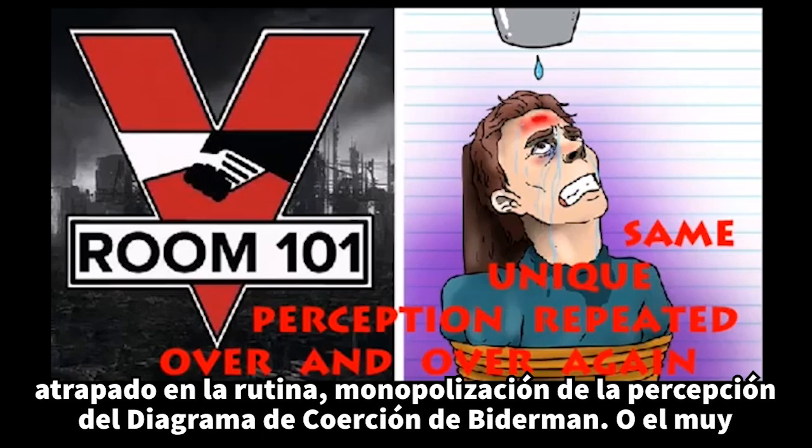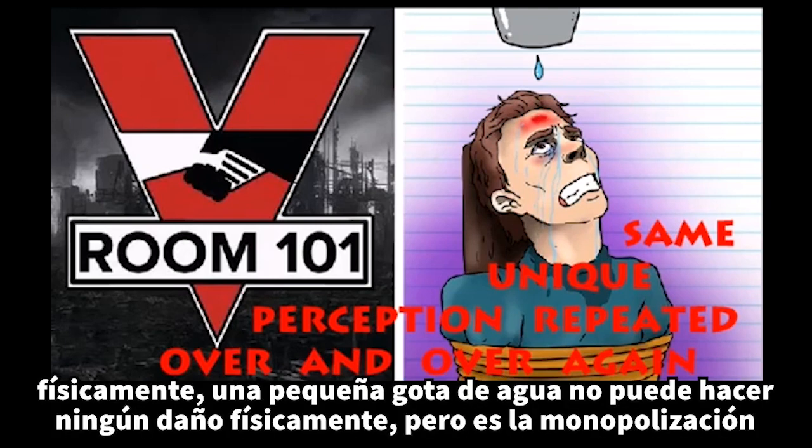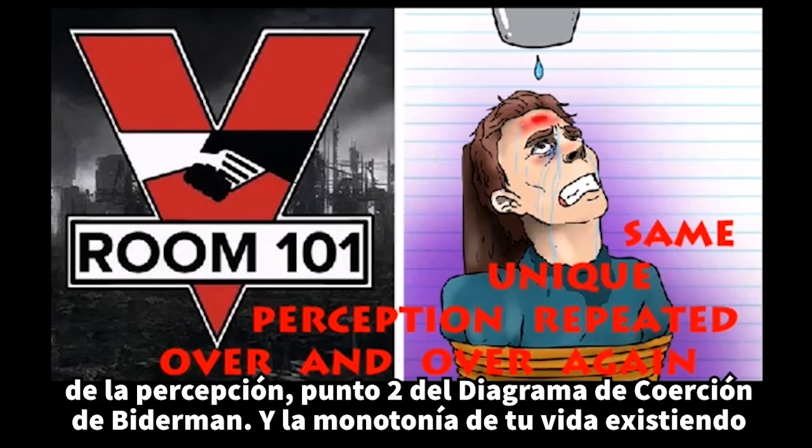Or the very refined torture method of dripping a drop of water on your forehead every 15 seconds or so, where physically a tiny drop of water could never do any harm, but it is the monopolization of perception.